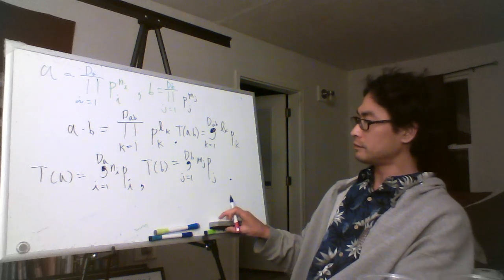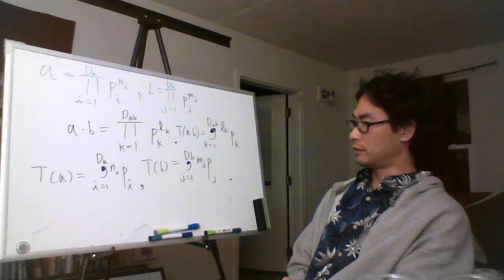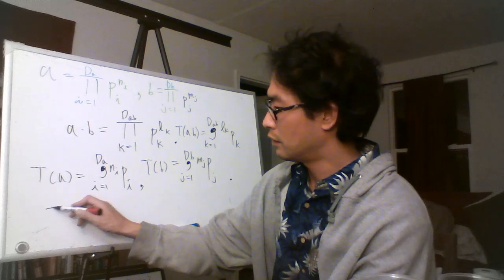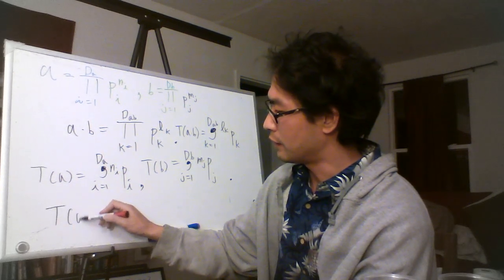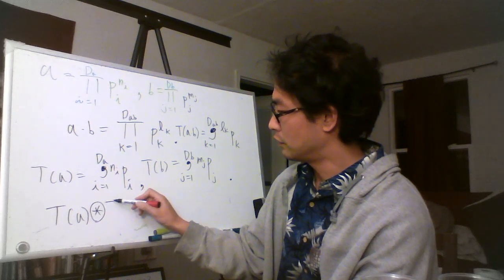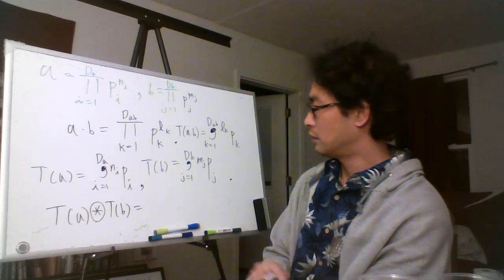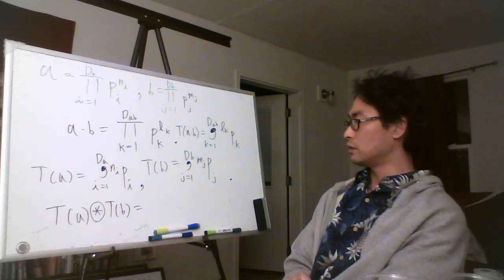Now, this is the difficult part. If we strictly unionize TA, strict union TB, what does it look like?